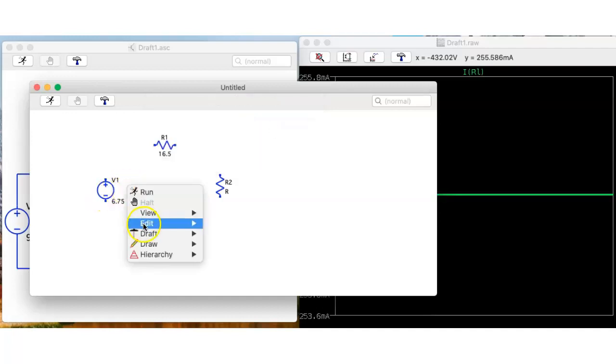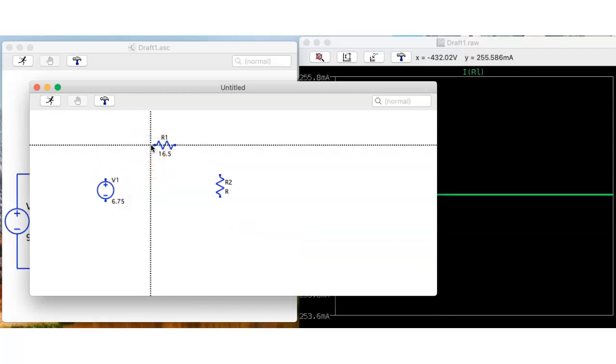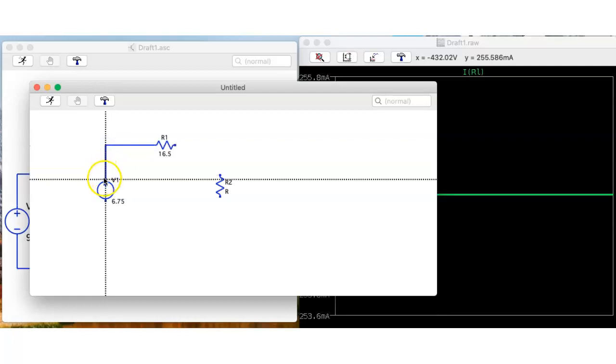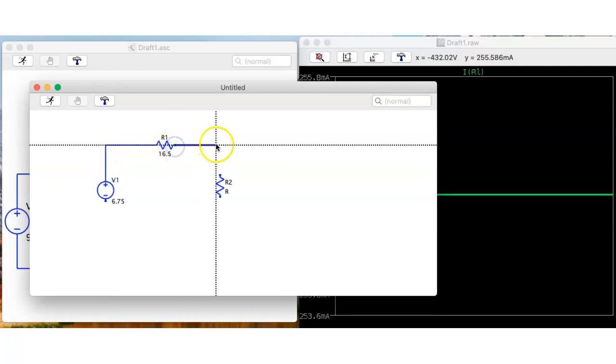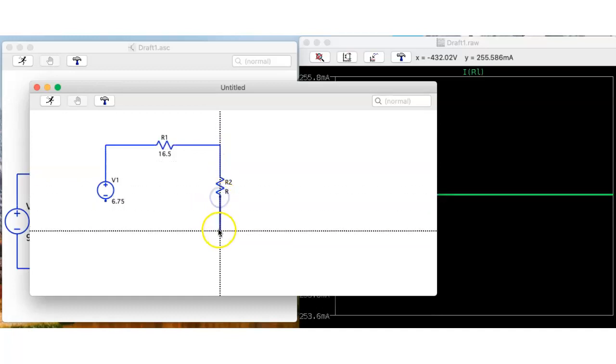Now connect all these. So this is connected here and this is connected here and this one is connected here.